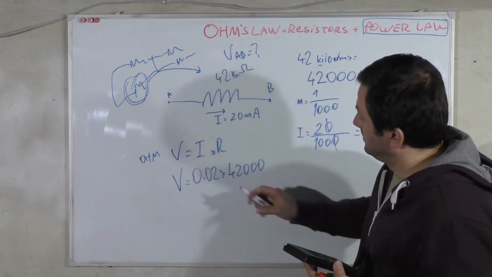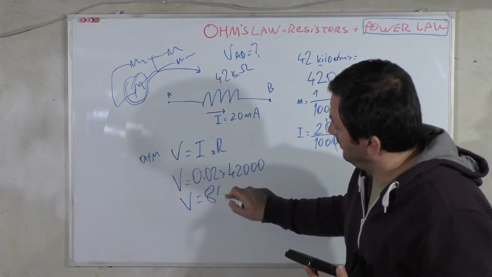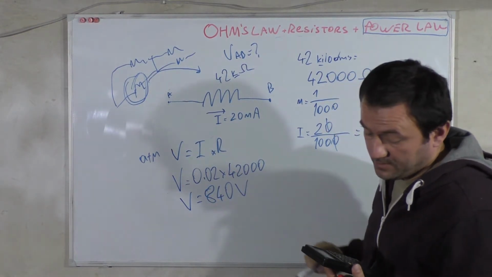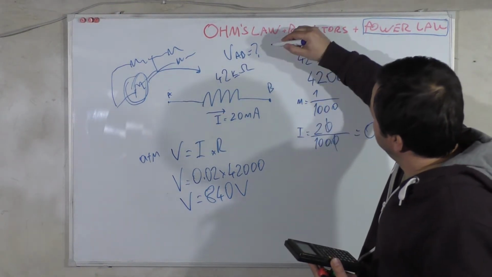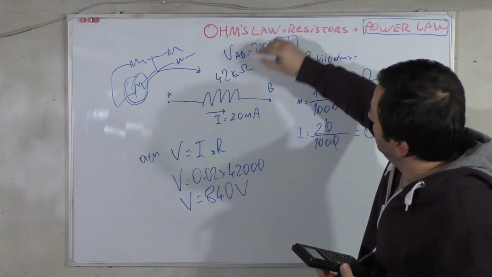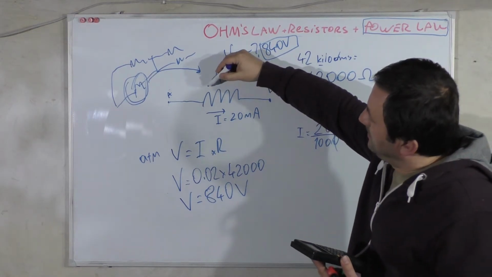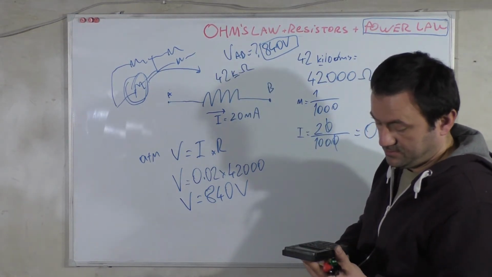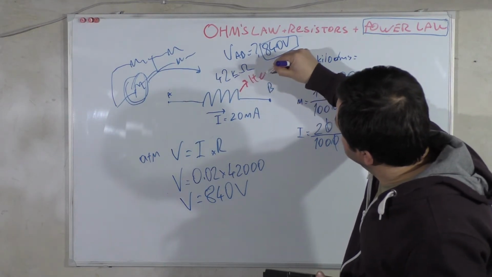It's equal to 840 volts. So high, yes, it's so high. So we know it's 840 volts. What is our heat dissipation or power consumption from that resistor?